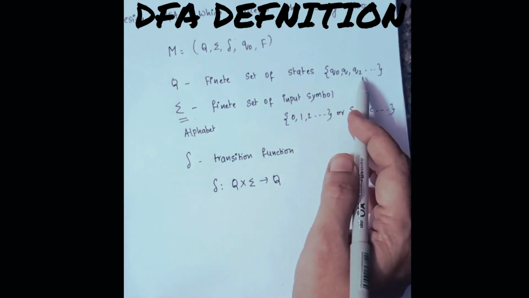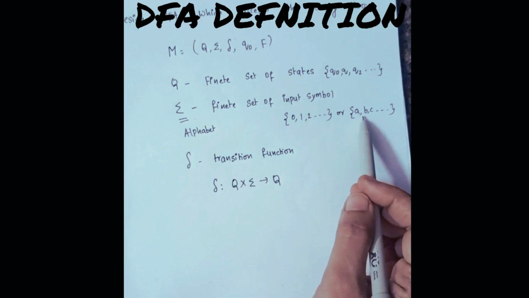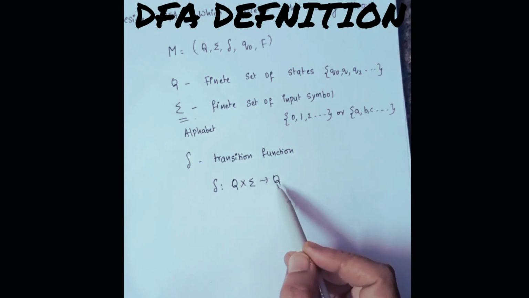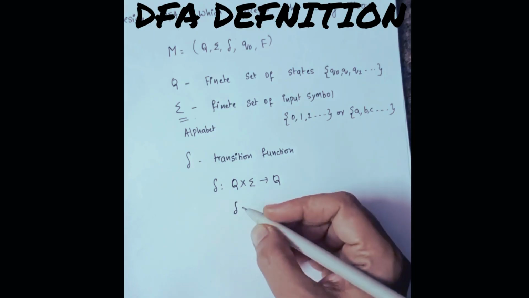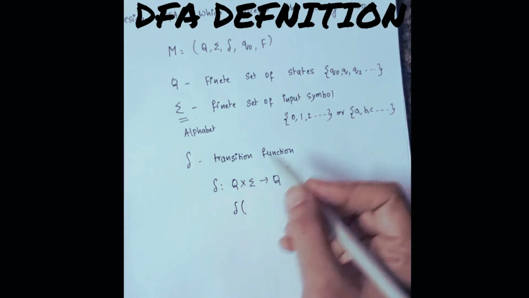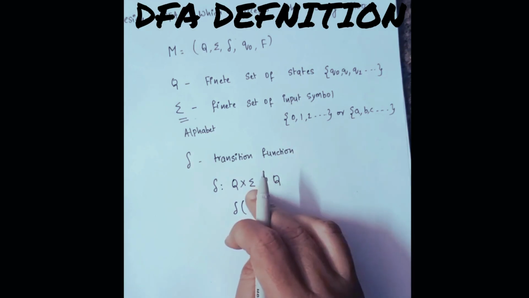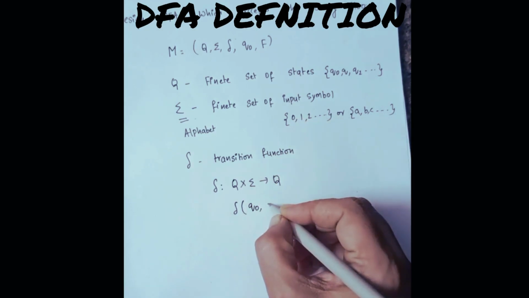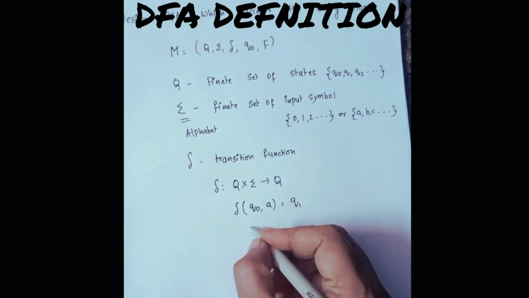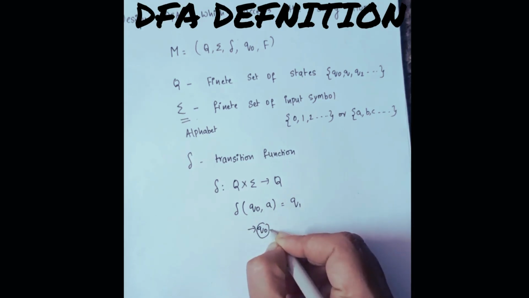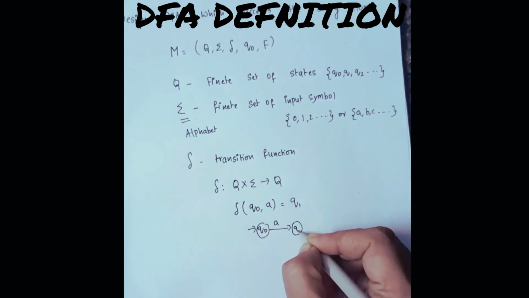When it makes a transition over any input symbol, whether it might be 0, 1 or a, b, it gives rise to a state that is present in Q. So the transition function can be written as delta of Q naught, one particular state, over sigma, any input symbol, say a, gives rise to Q1. If you take any state, after reading the input symbol a, it moves to the next state, that is Q1.